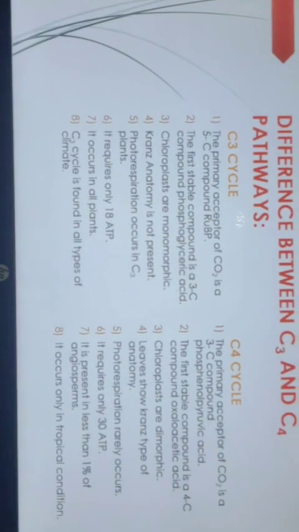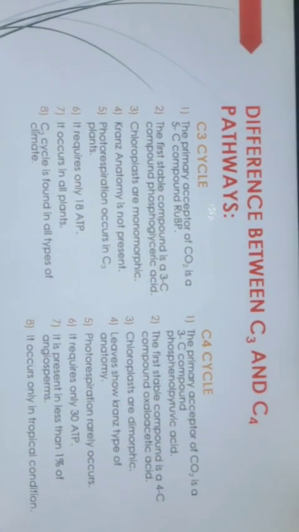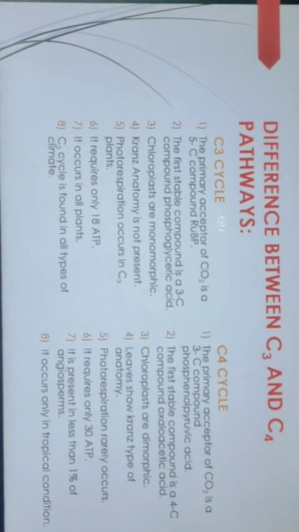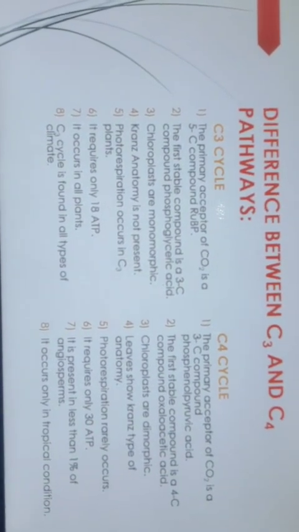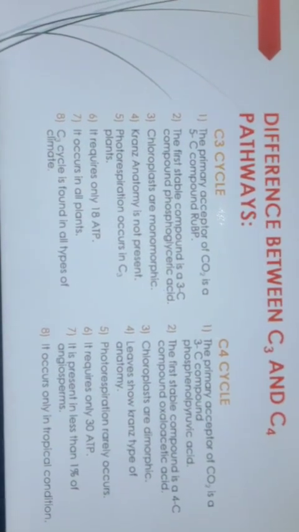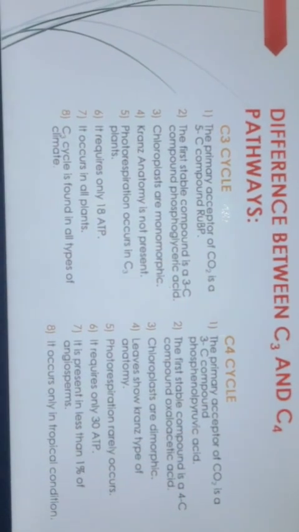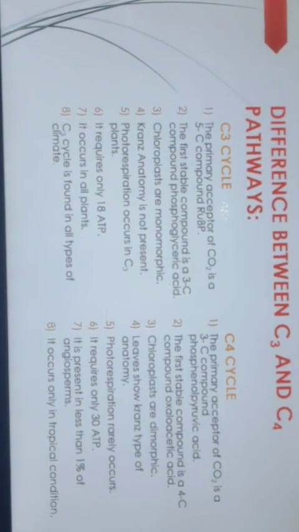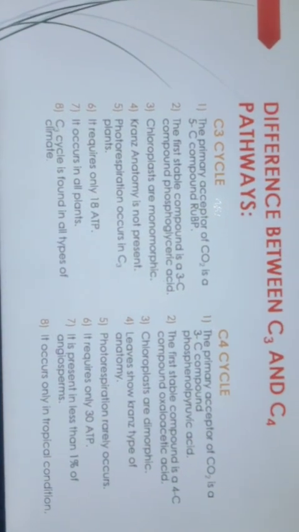So after studying the difference between the C3 and C4 pathways, now one question I will ask: by looking at a plant externally, can you tell whether a plant is C3 or C4? Why and how? The plants which are adapted to dry tropical regions have C4 pathways.